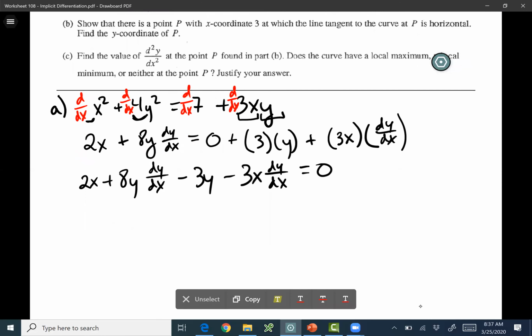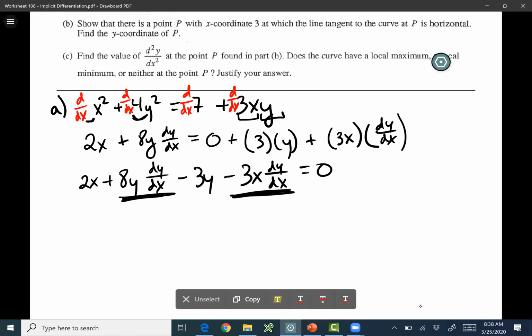The shortcut is that everything with dy/dx is going to stay on the left, so the sign stays the same. And everything without a dy/dx is moving over, so we have to flip its sign. Basically, we're subtracting 2x and adding 3y to both sides.